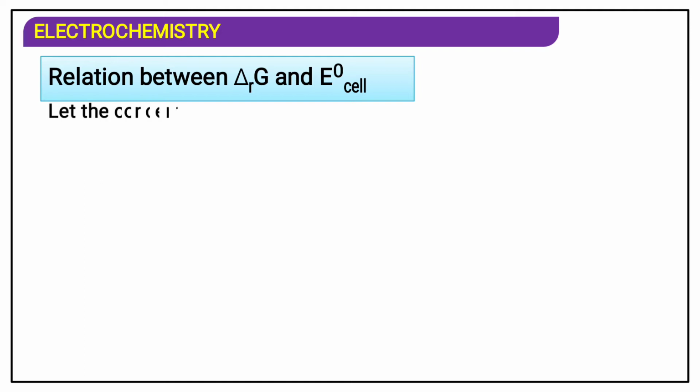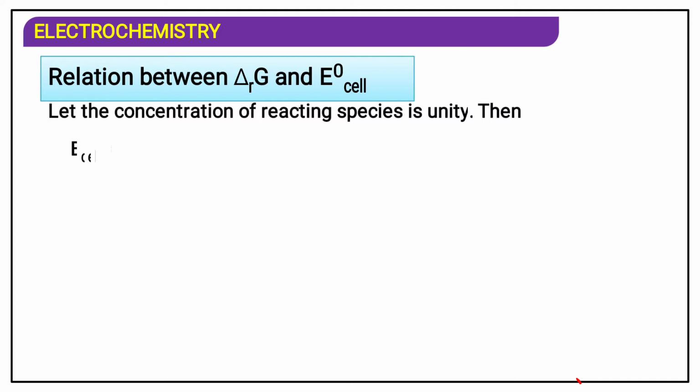So, let the concentration of the reacting species used in this process be unity. It means the reactants should be taken at unity concentration, that is, 1 molar concentration. Then E cell becomes E naught cell.